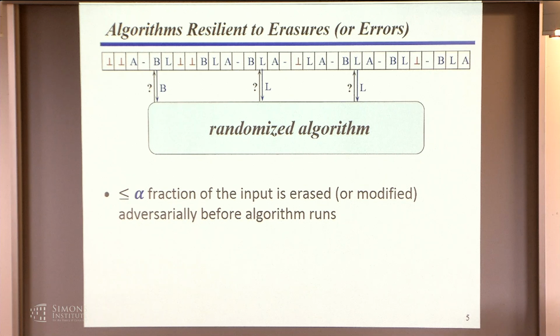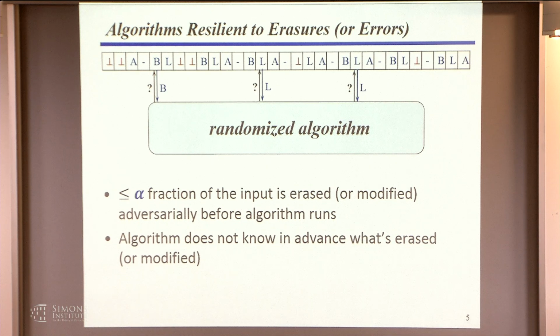In this case, there is some parameter alpha given to you. So you know that at most an alpha fraction of the input is erased. And in the case of errors, at most an alpha fraction of the input is modified adversarially before the algorithm starts running.